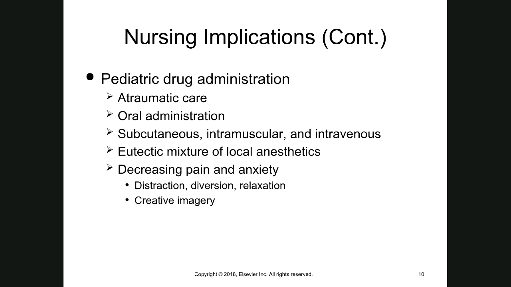Now the routes include oral administration, subcutaneous, intramuscular, intravenous, and then you have the EMLA mixture and the local anesthetics. You have decreasing pain, anxiety, distraction, diversion, relaxation, creative imagery.